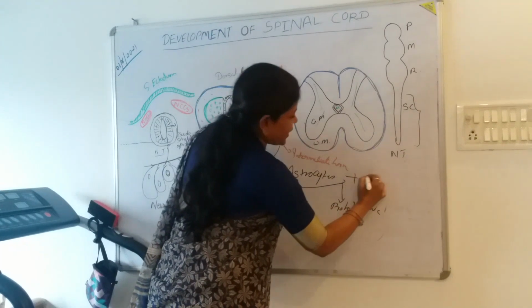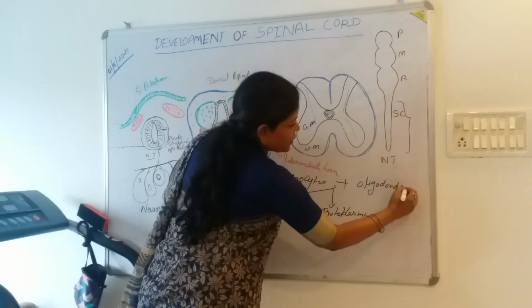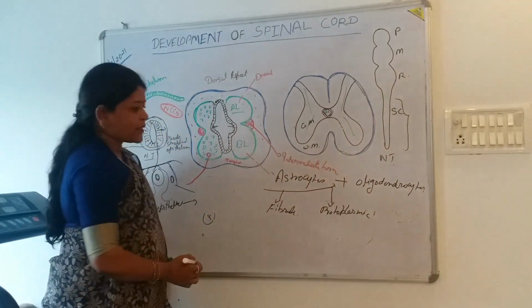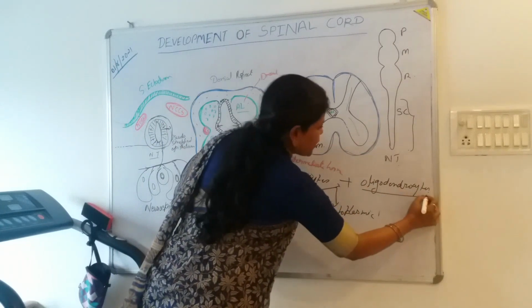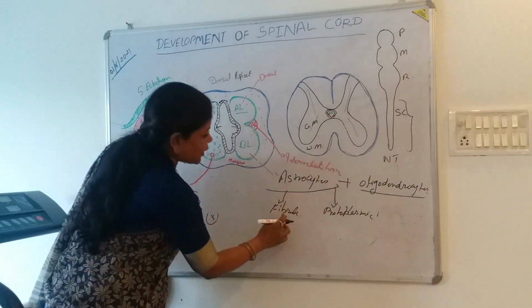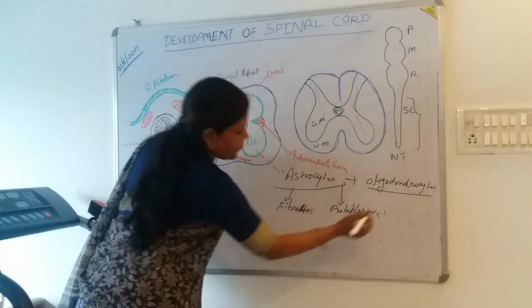Astrocytes as well as oligodendrocytes. What are these astrocytes, where are they present, and these oligodendrocytes, where are they present, and what will they do? Astrocytes are of two types, fibrillar as well as protoplasmic.